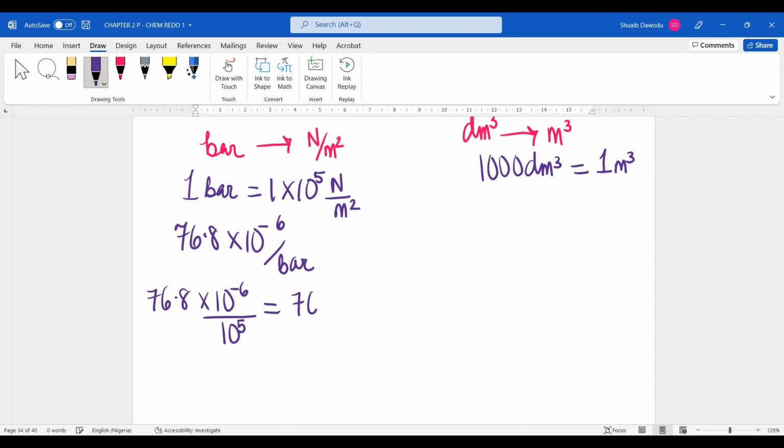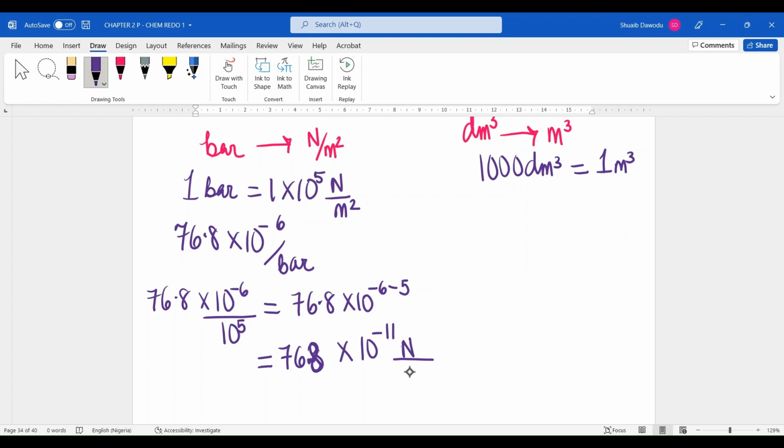So it's just going to be 76.8 times 10 raised to the power of negative 6 minus 5. So that would be 0.8 times 10 raised to the power of negative 11.